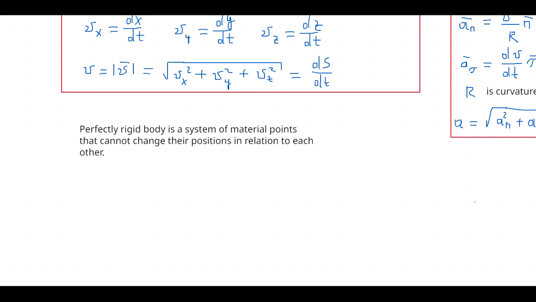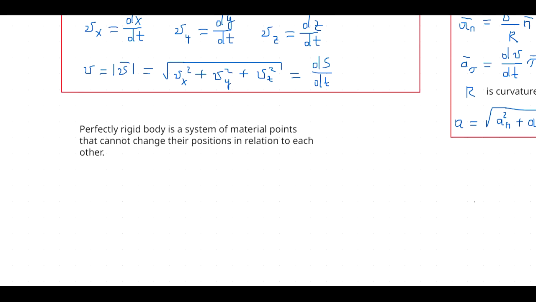So perfectly rigid body, or simply rigid body, is a model. This is abstraction. It is not a real object, but many real objects can be described as rigid bodies.